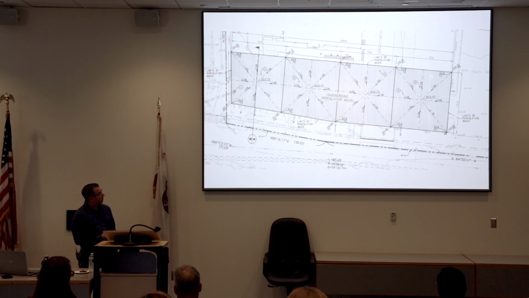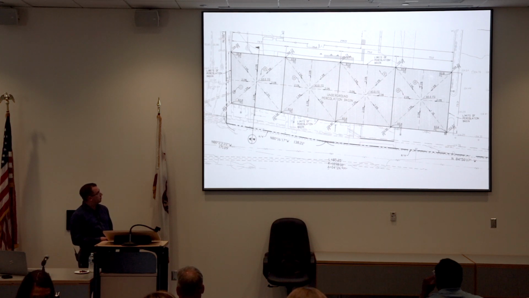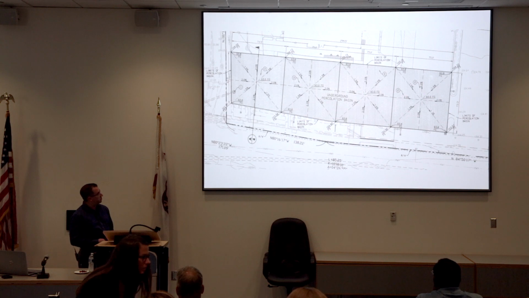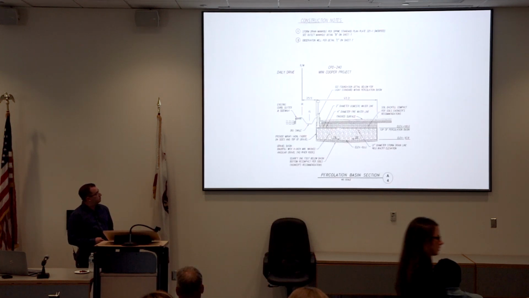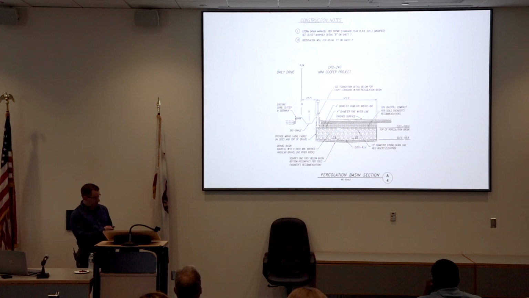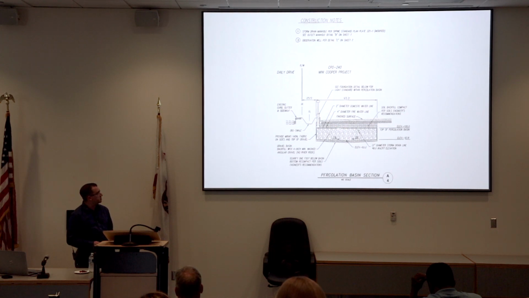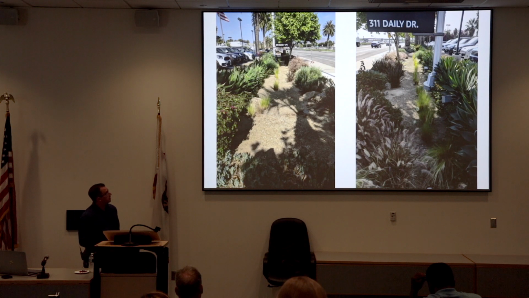So it's an underground percolation basin, but there is the bioswale on the surface that shows how it's getting there. The bioswale captures it, and then it inlets it into the infiltration basin.